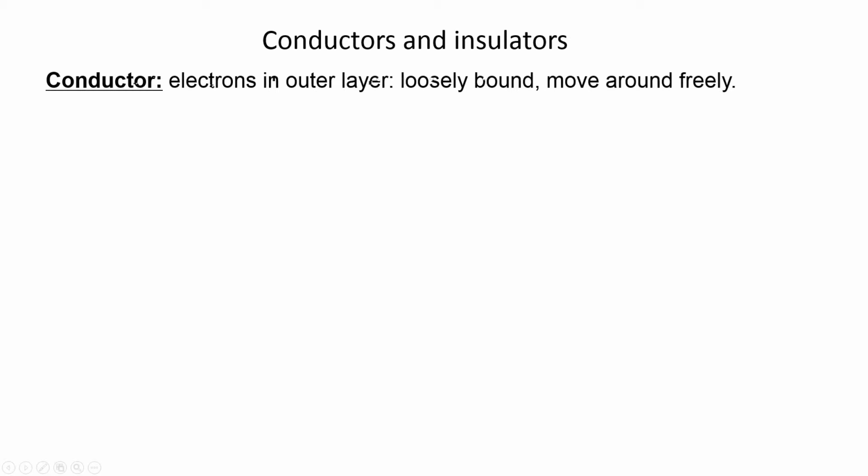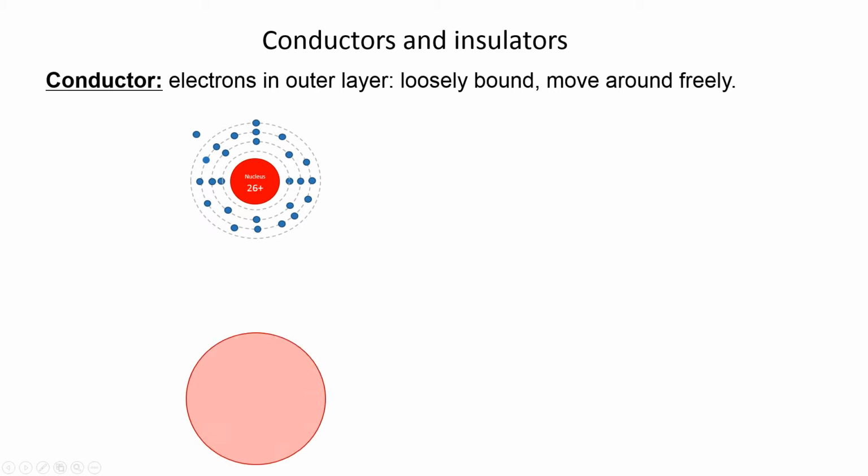What's a conductor? A conductor has electrons in the outer layer and they're loosely bound. They move around freely. So for example, here we have a nucleus with 26 protons, like iron. We've got the electrons in their orbits, but one or two of those electrons are not really bound. They're more loose.